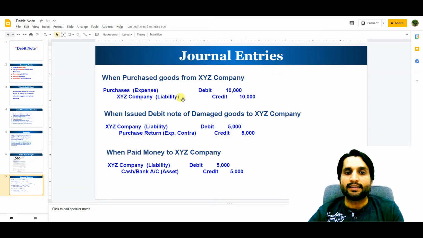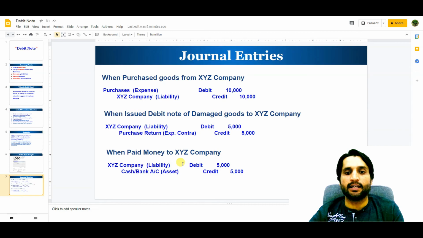So here the liability will be decreased by 5,000, which was 10,000 earlier. Credit, debit, this is a contrast. So our liability will be only 5,000 for payment to XYZ company. When we pay money to XYZ company, we record this transaction.